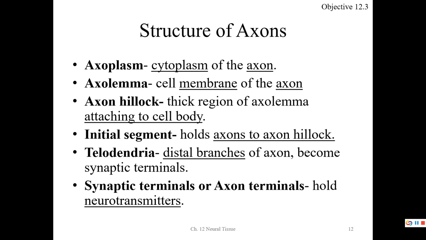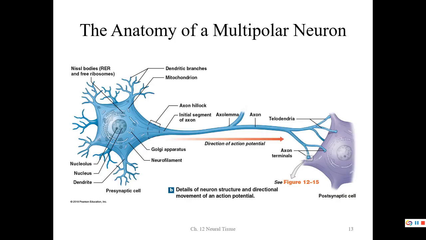Where the axolemma is thick and attached to the cell body, it's called the axon hillock. After the axon hillock, there is an initial segment. Then we go to the axon proper. At the end of the axon are telodendria, and they become synaptic terminals. Synaptic terminals hold neurotransmitters. We sometimes call these axon terminals.